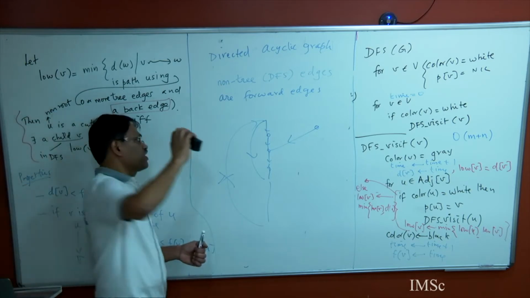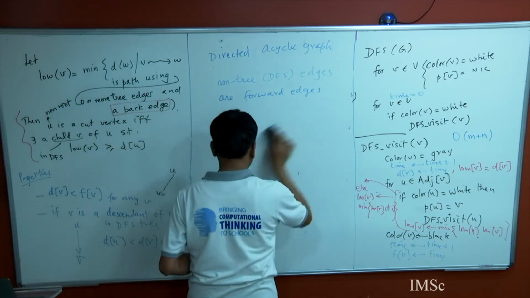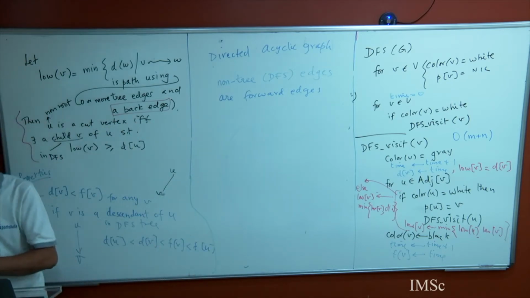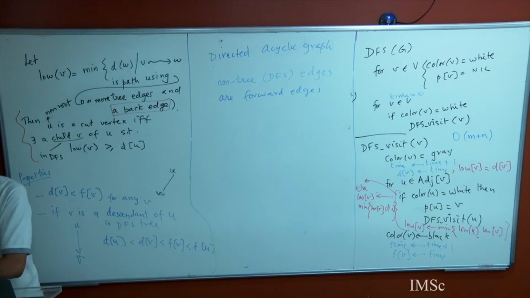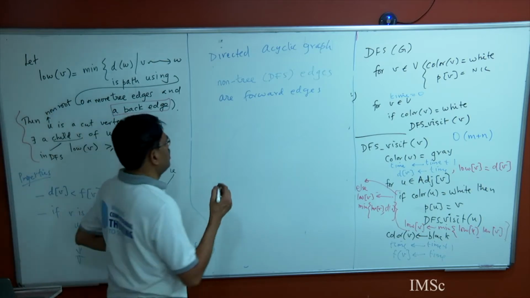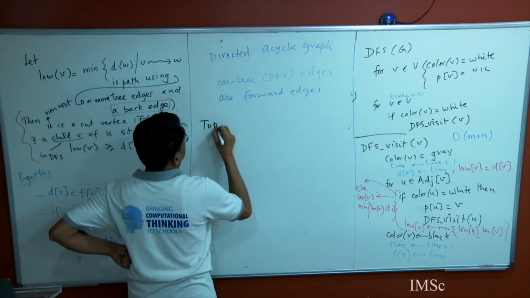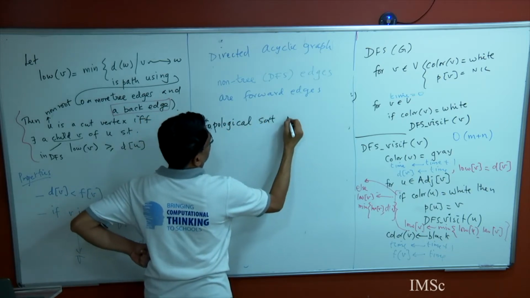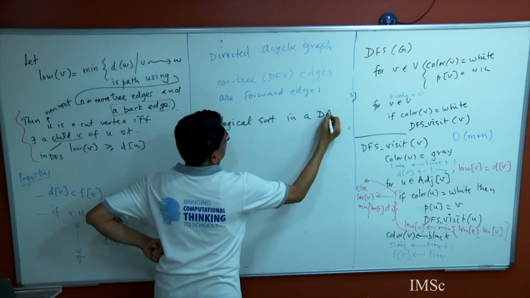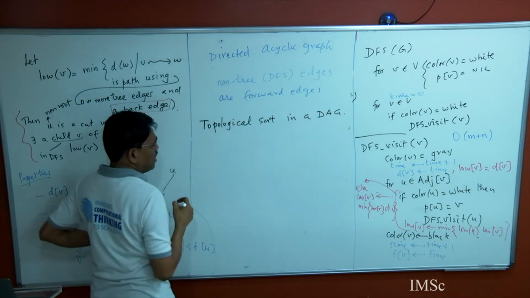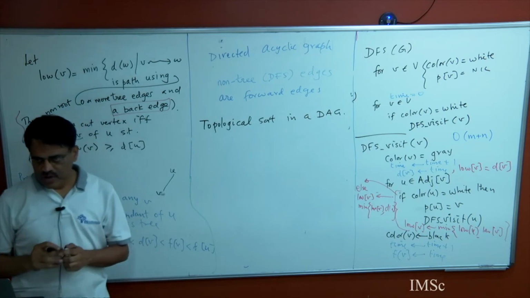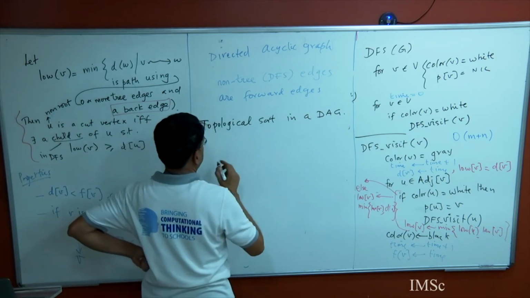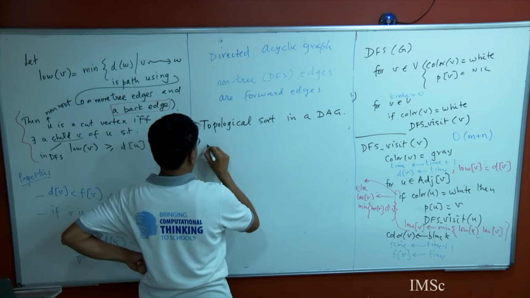So now what can you do in a directed acyclic graph? You can do what is called a topological sort. This is again a very useful subroutine. It's directed, with no directed cycles. Then what is this?